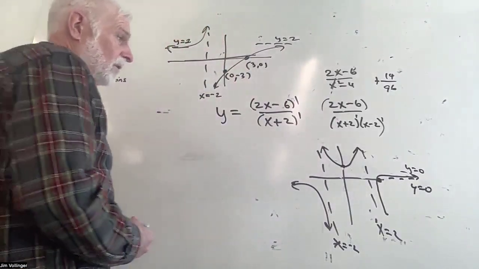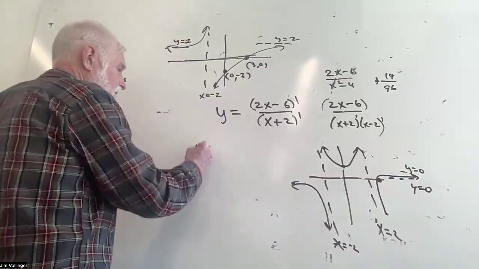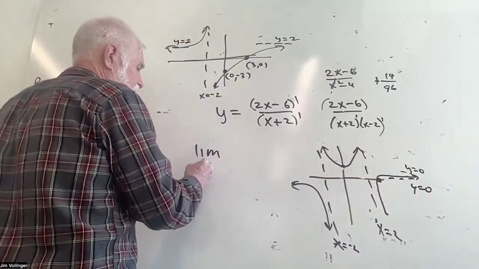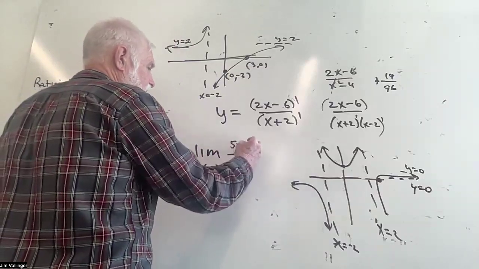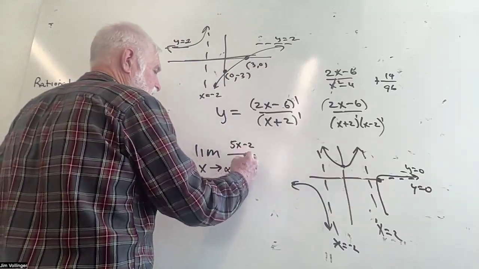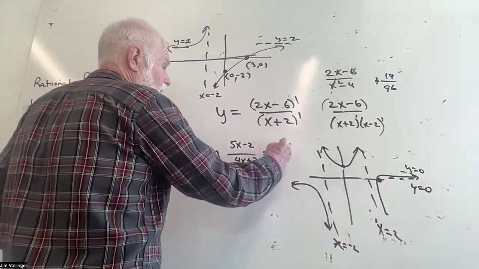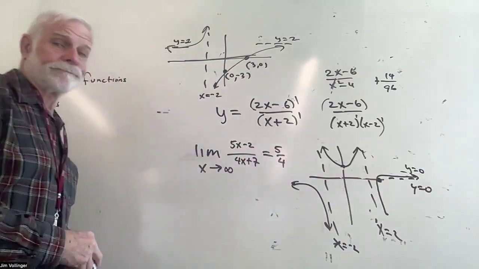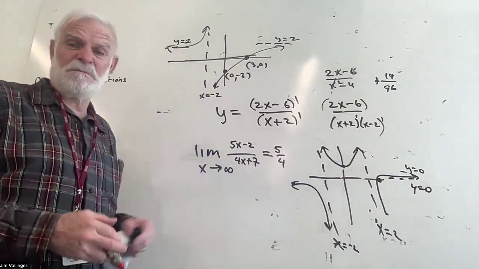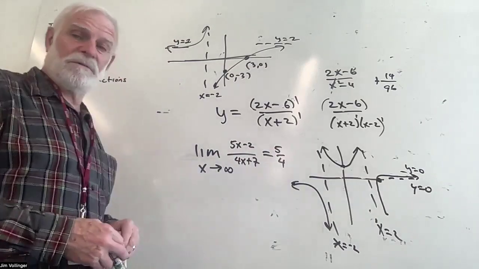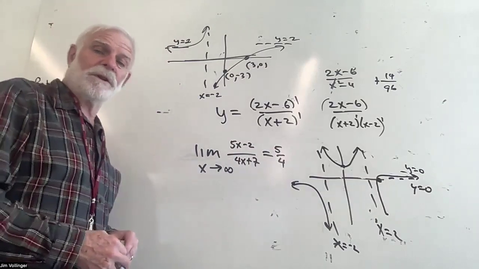Limits. Well, that's really what I was talking about here. The limit as x goes to infinity of (5x minus 2) over (4x plus 7) is 5/4. How could you check that out? With maybe some numbers. How about we go to infinity? How about we put 100 in?